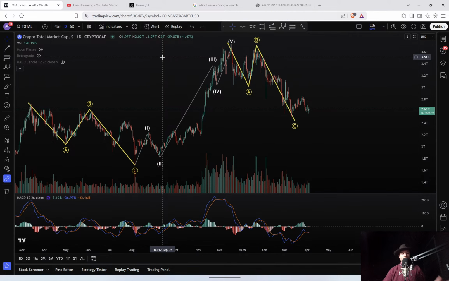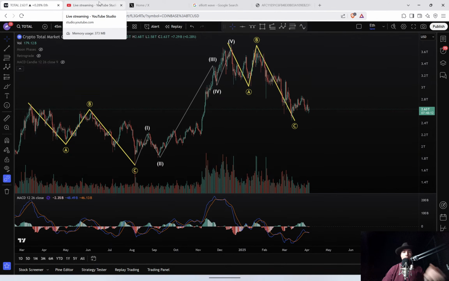And FOMO just stands for fear of missing out, right? It causes people to get too excited and too fearful, and that shows up in the charts in terms of Elliott waves. That's how we see it appear in the markets.